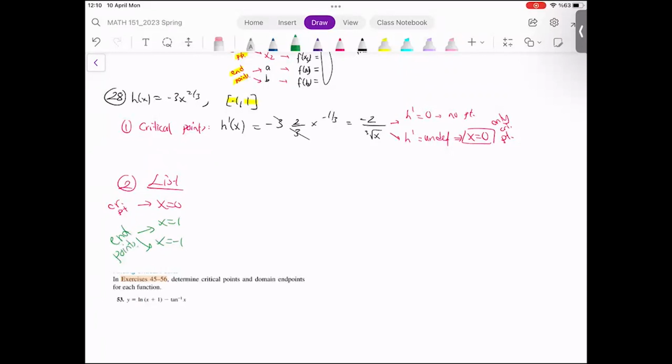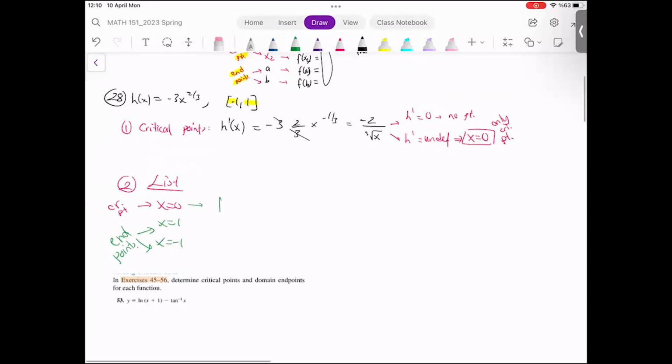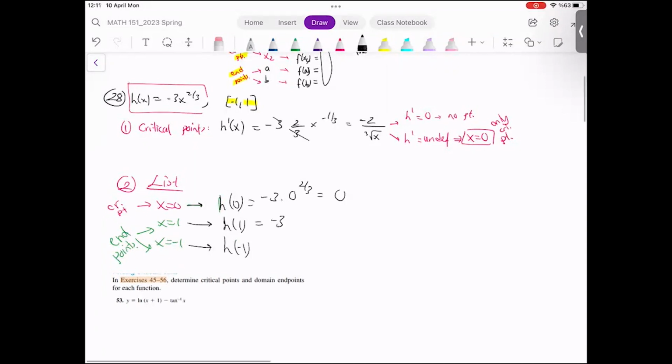Now what should I do? I need to compute all the images under the given function h: h of 0, h of 1, and h of -1. Here is your h function. You can easily compute the images. h of 0 is -3 times 0 to the power this, which of course is 0. For 1, it is -3 times 1, so -3.